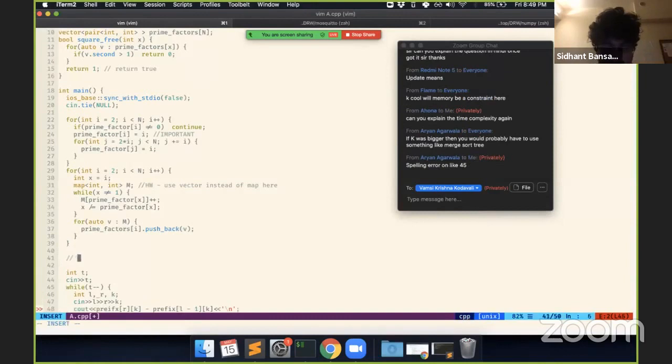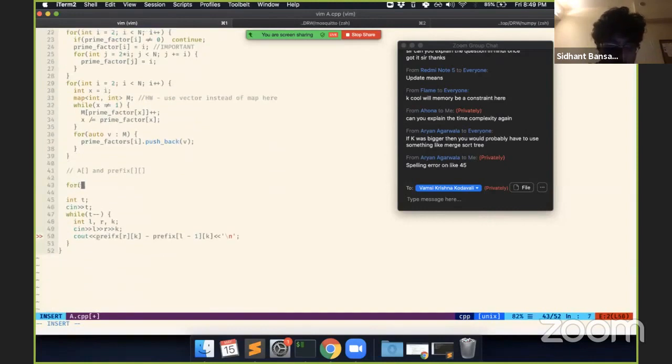Okay, so this was the pre-calculation. Now we have to create array A and the prefix array. Those are the two things we have to create here. So how will array A look? First, think about this.